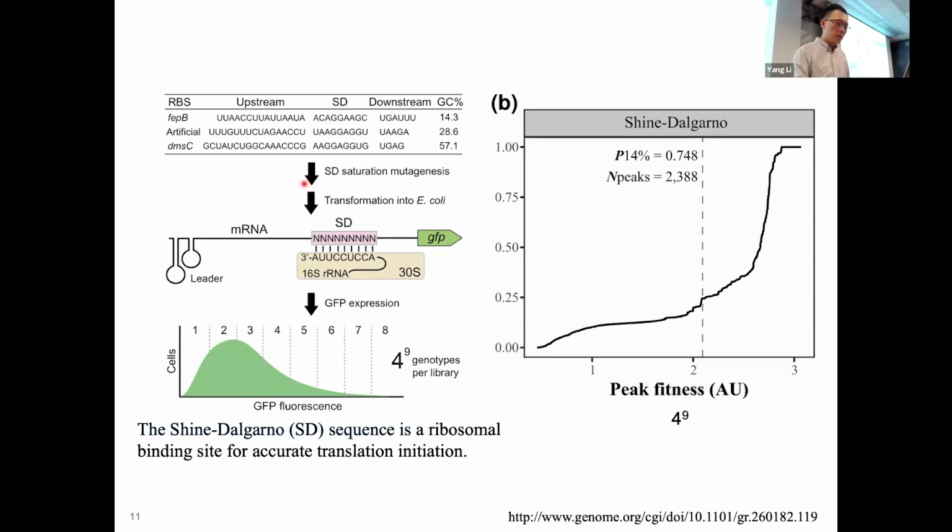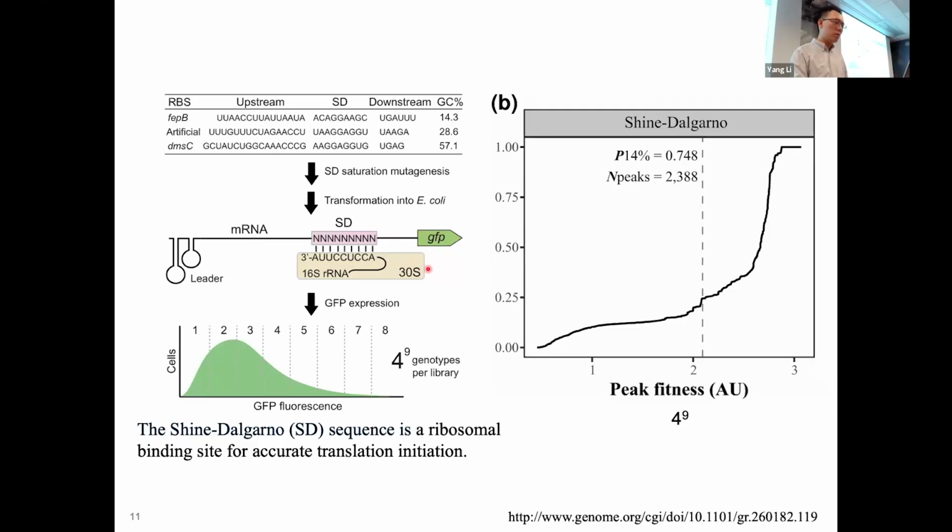Let's look at this study, which investigates regulatory abilities. It concerns Shine-Dalgarno sequences, which could regulate translation initiation. In this study, they could design the SD sequences and see the downstream GFP expression level.